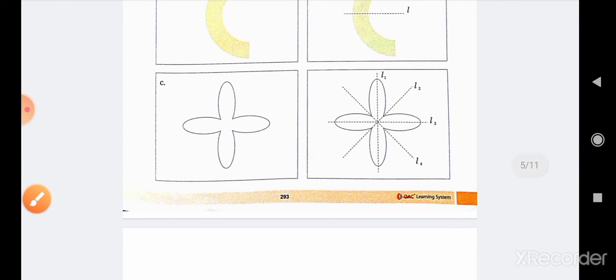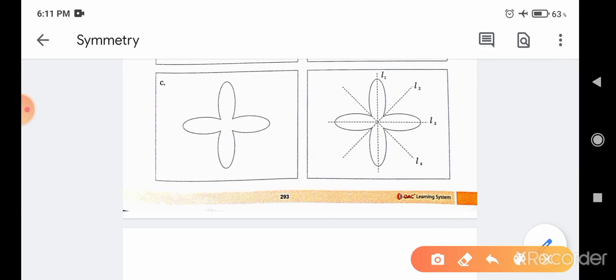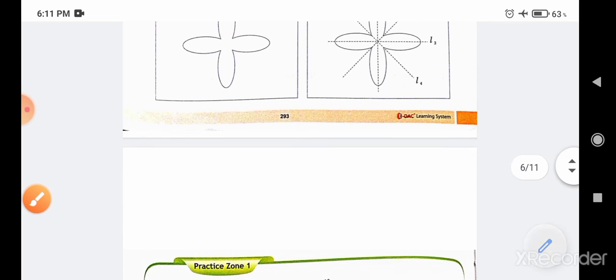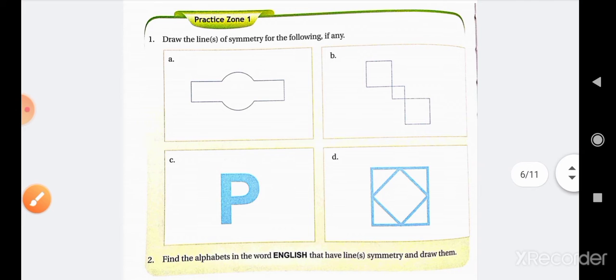Next is the C part, and it has four lines of symmetry. One is this, second is this, third is this, and fourth is this. So this figure has four lines of symmetry. Now here is practice zone 1 that you can easily do.